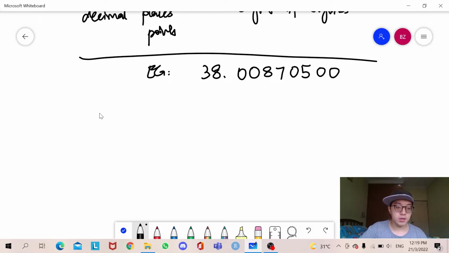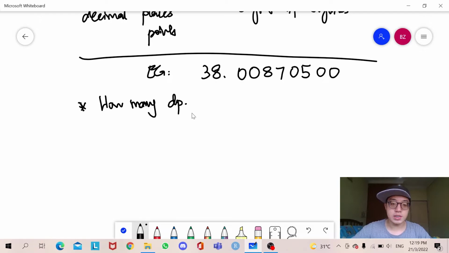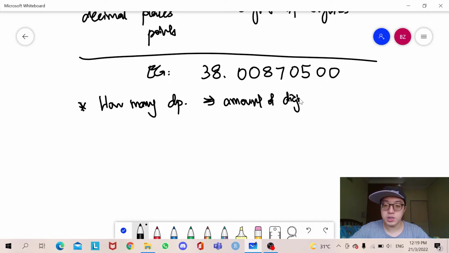Here we're going to define how many DP. Decimal places is the amount of digits behind the decimal point.